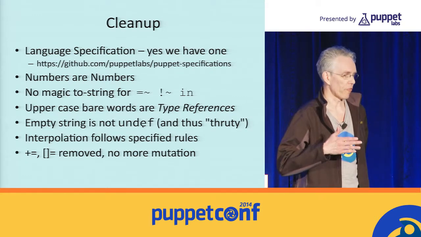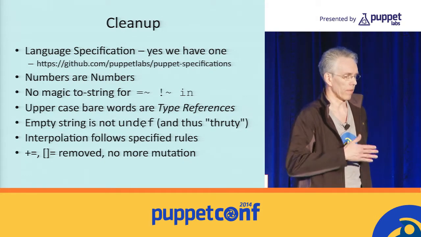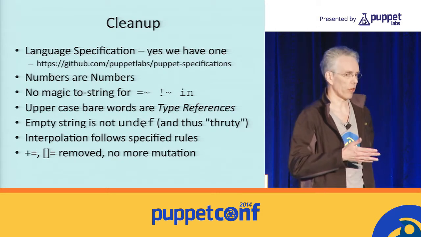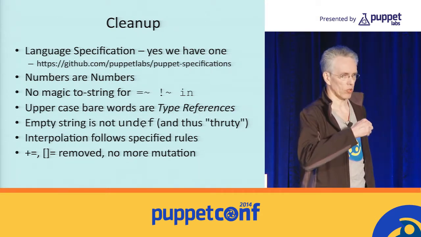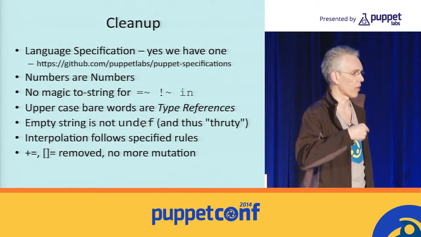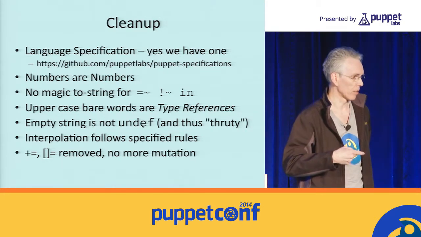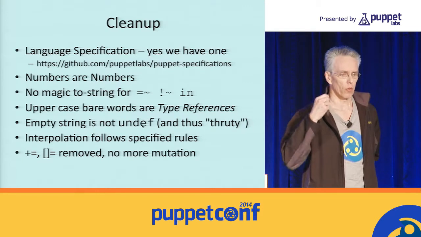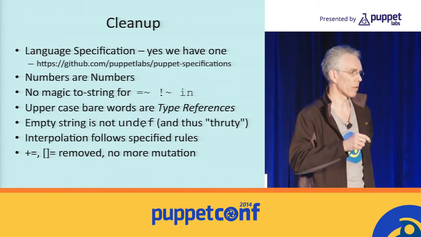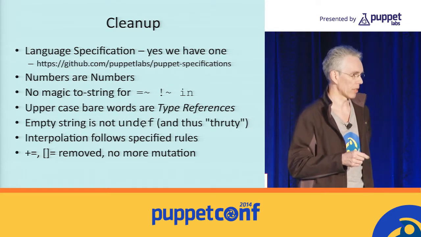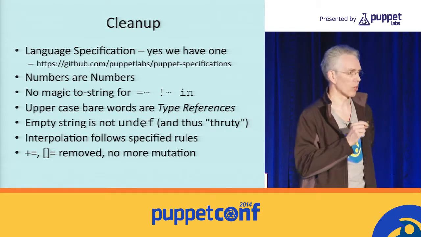What we've cleaned up and fixed up to this point is the language itself. We have not yet fixed what is in the catalog and what is in the domain of the catalog compiler. So the resources will behave as they did before. Classes will behave as they did before with respect to inheritance. We aim to fix those things.